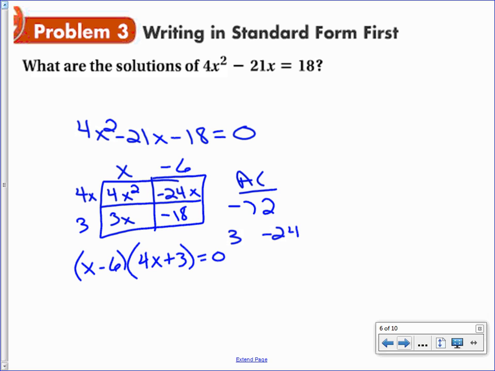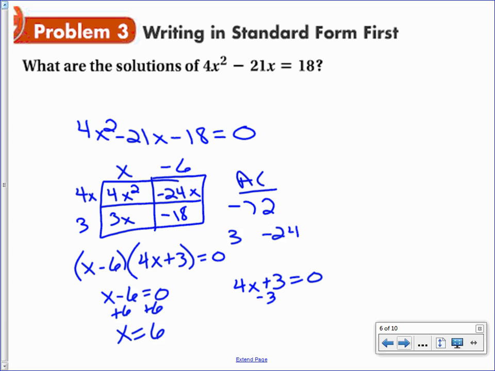Now that you have it set up, separate your two equations. Move the 6 over by using addition. This one's a little harder. If you have a coefficient in front of x, it's a two-step problem.